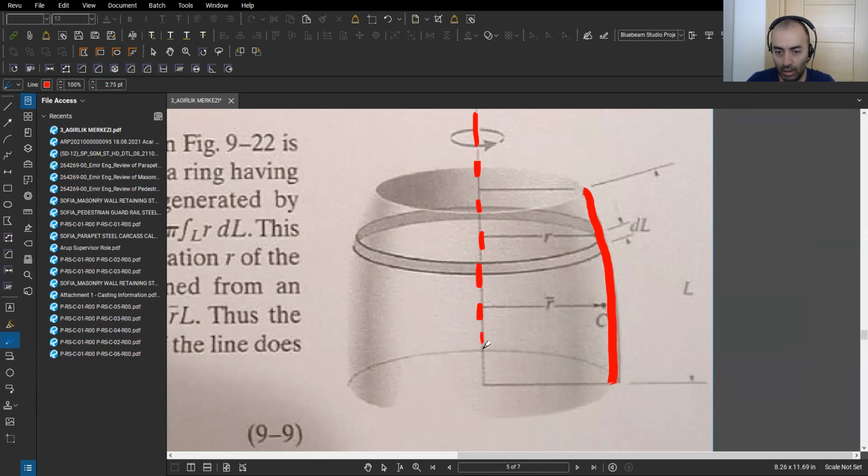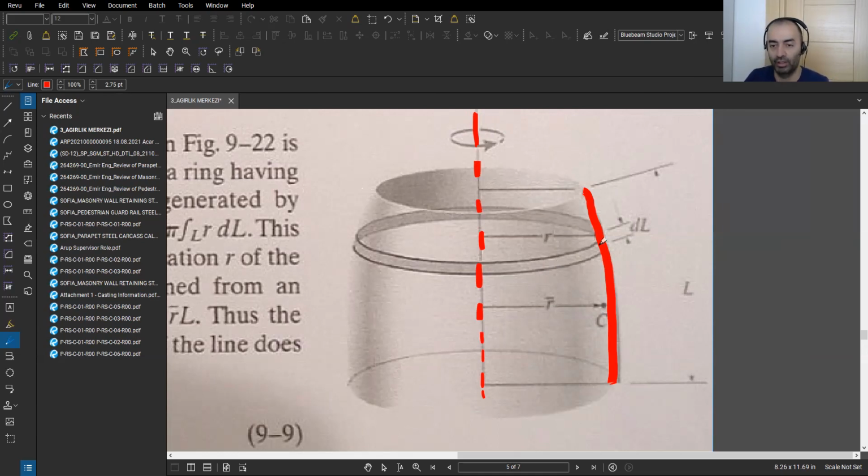For example, 90 degrees, 180 degrees, or 360 degrees. If I rotate this curve around this axis, I'm going to get a surface, as you can see here.